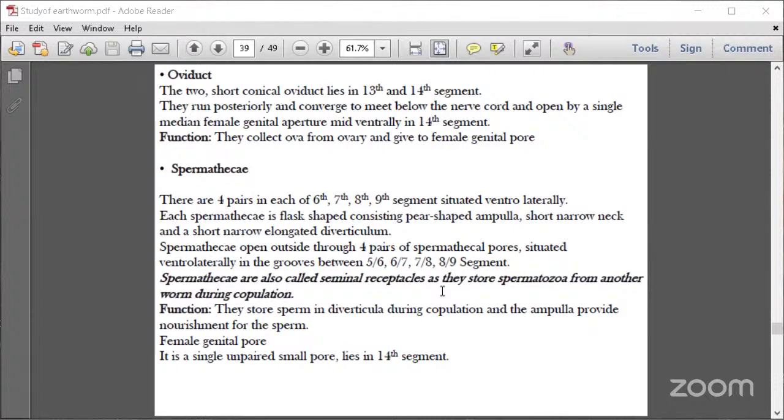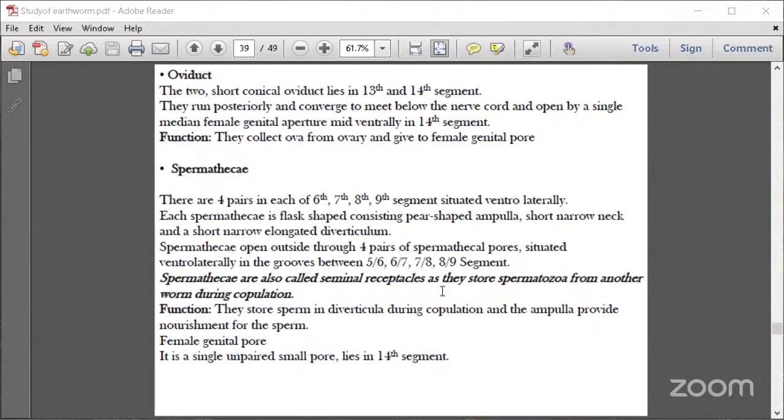Spermathecae: there are four pairs, in each of the 6th, 7th, 8th and 9th segments, situated ventrolaterally. Each spermatheca is a funnel-shaped body that consists of a pear-shaped ampulla, a short narrow neck and a short narrow elongated diverticulum.